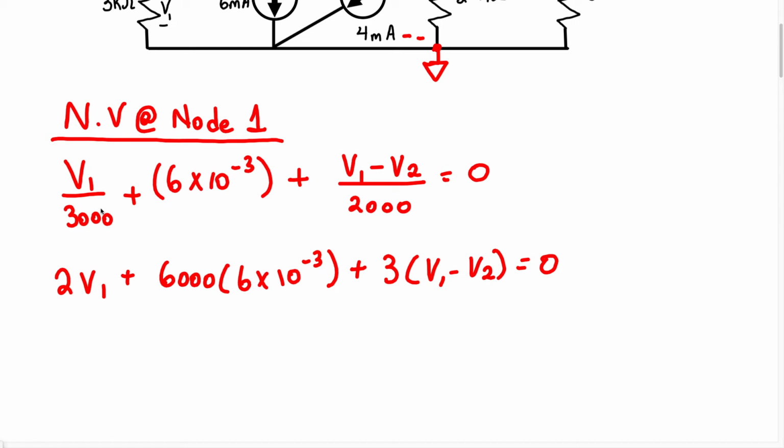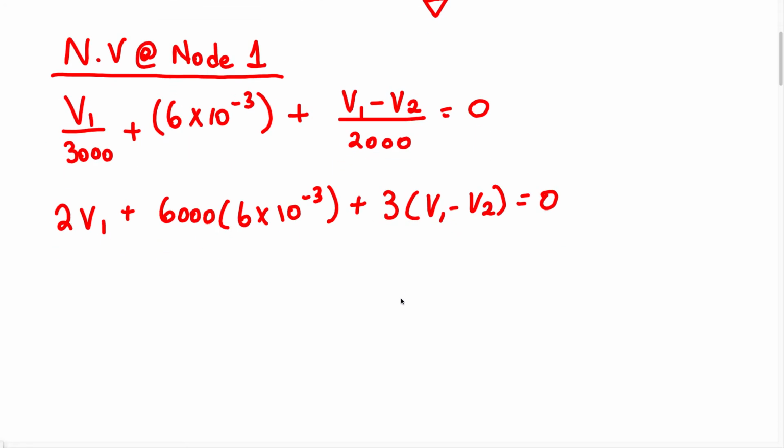I hope you see what I did here. If you didn't, I'm just multiplying each term by 6,000 because I know the LCD is 6,000. 6,000 times V1 over 3000 simplifies to 2V1. I still multiply this by 6,000 here, and I multiply 6,000 by this term. The 2,000 cancels out because 2,000 goes into 6,000 three times.